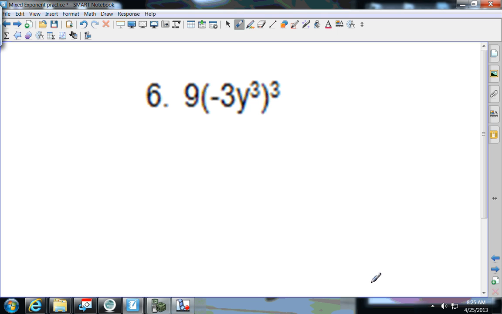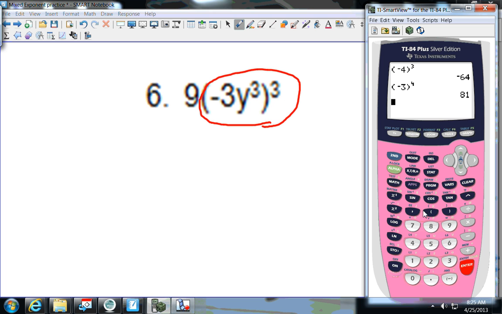Number 6, try this the same way as what we just did the last one. So first you're going to do this part here. So I'm going to take negative 3 to the third power. I think we already did this, didn't we? Yeah. Oh, no, that's 4. So I've got negative 3 caret third power to the third power, enter. I get negative 27. Okay, so the 9 is still going to be down here.